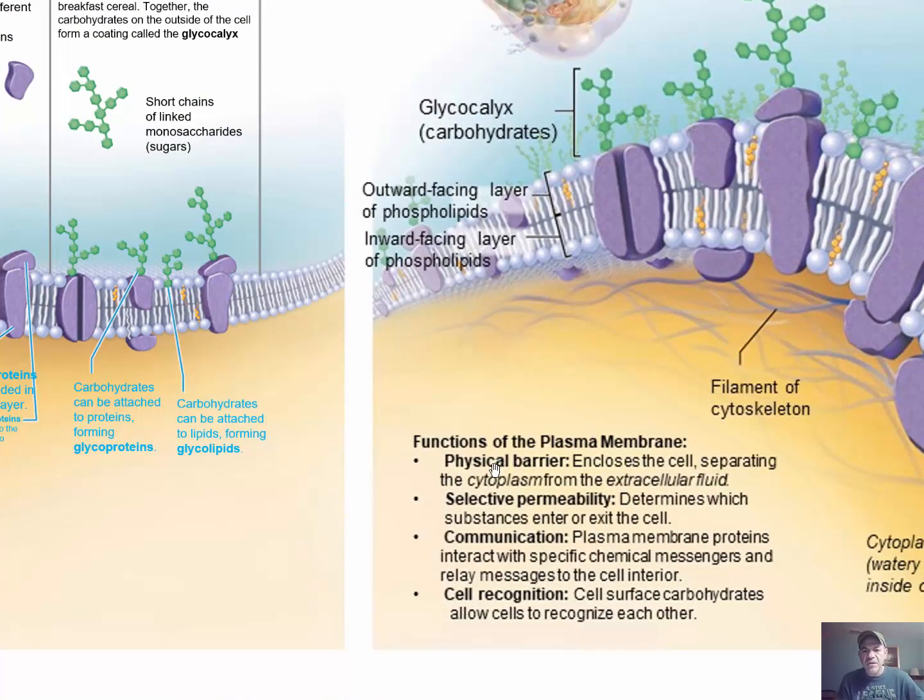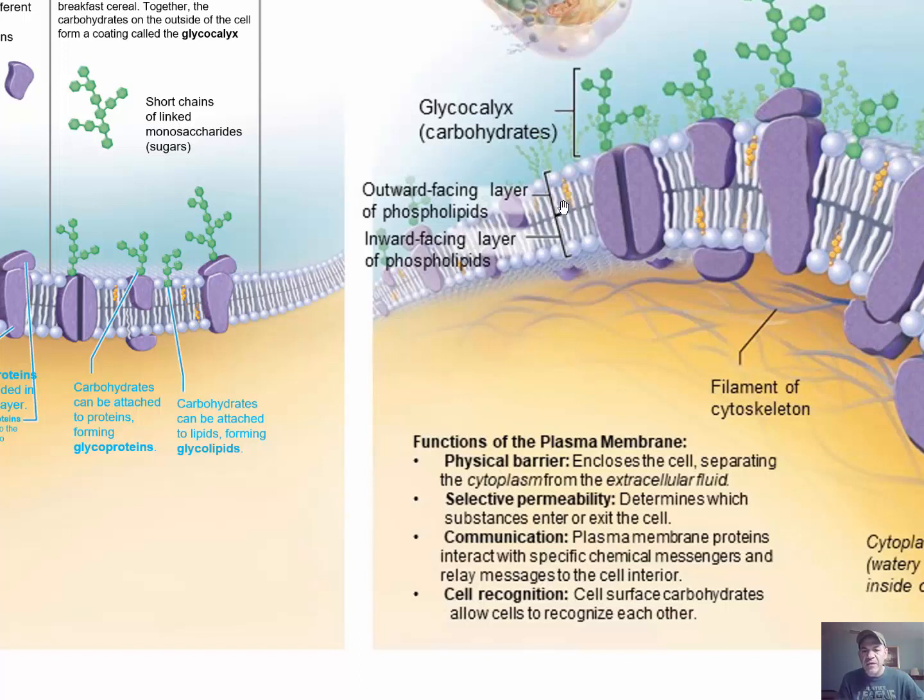we saw earlier, it just reviews the basic functions of the plasma membrane overall due to its structure. First of all, it's a physical barrier, and it encloses the cell, separating the cytoplasm from the extracellular fluid. It is selectively permeable, or they say it has selective permeability, because it determines what substances enter or exit the cell, so not anything can go through.